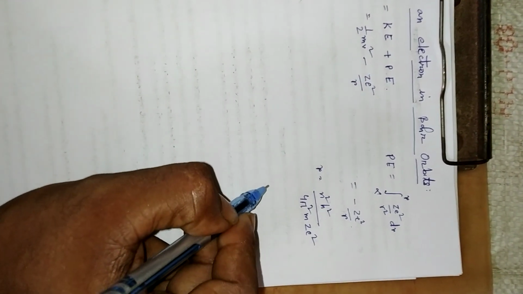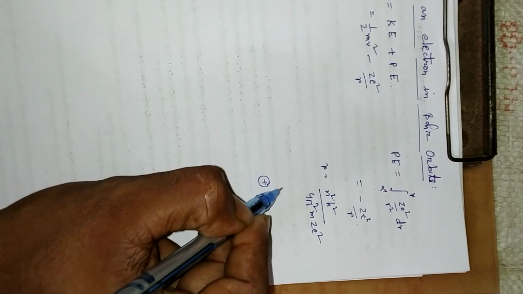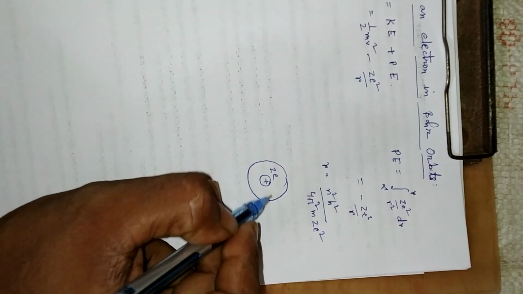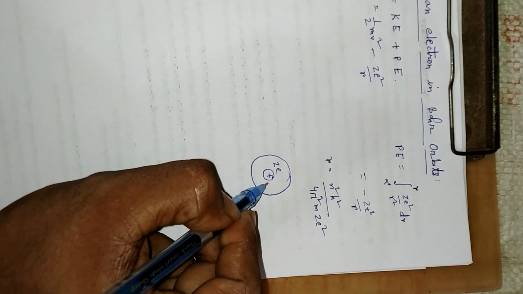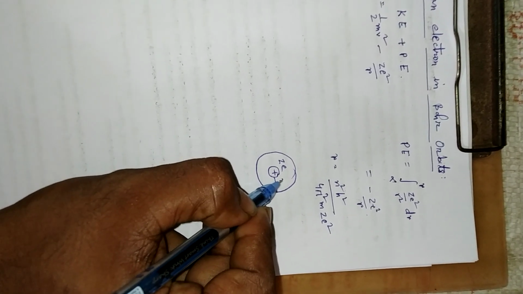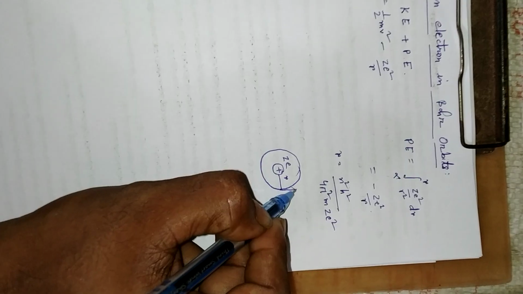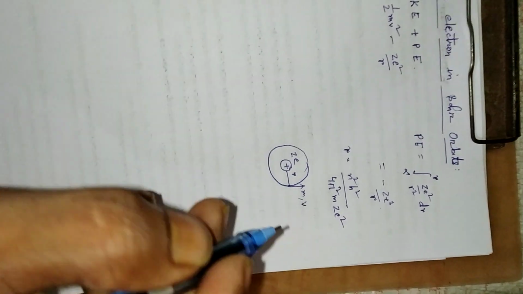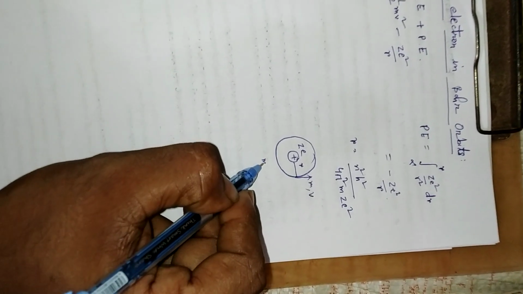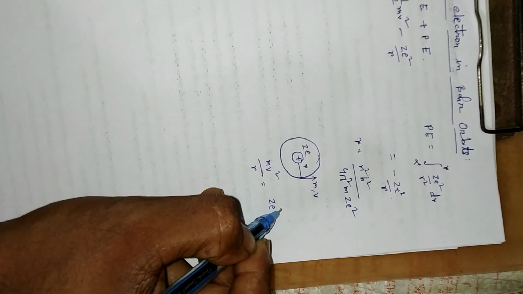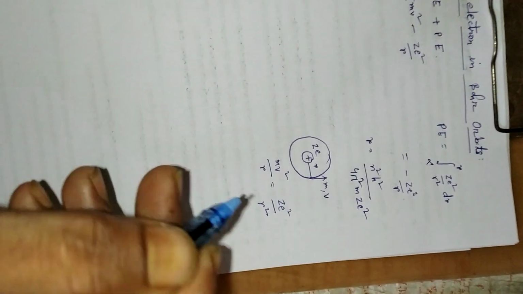Another, when an electron is moving around the nucleus of charge Ze and the radius of the orbit is r, the mass of the electron is m and velocity is v, then the centrifugal force mv square by r is equal to the electrostatic force of attraction z square by r square.